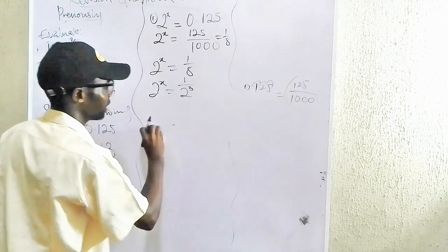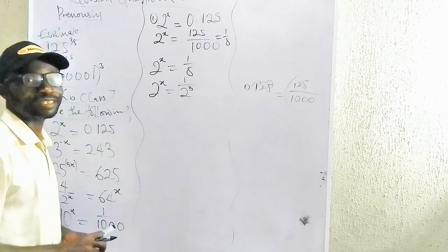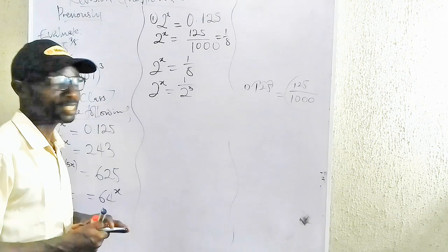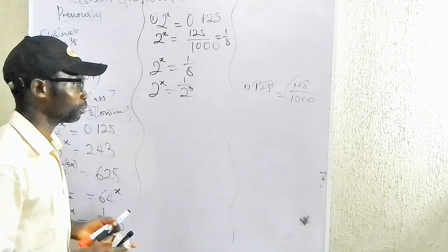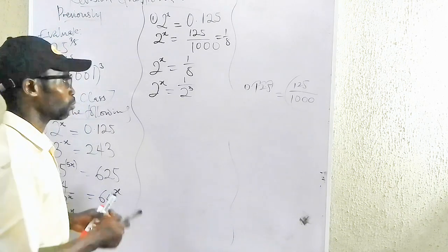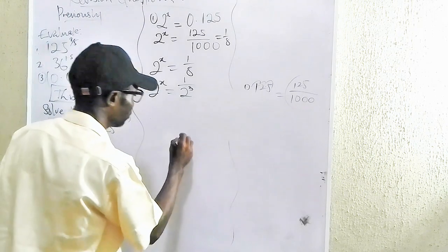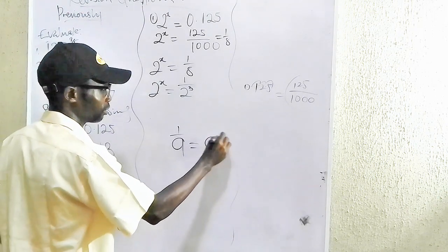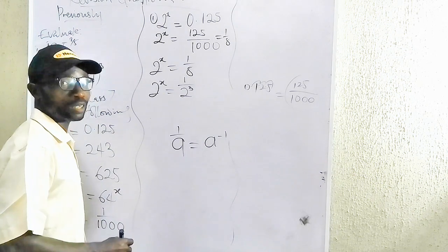Now, you now see that this place now looks like this somehow. Now remember the law of indices, the law of reciprocal power. What that says is that 1 over a is the same thing as a raised to the power of minus 1.